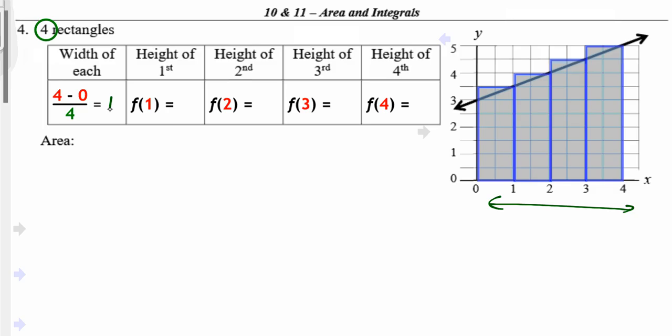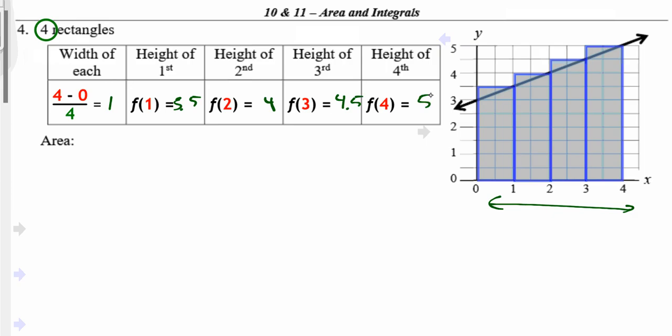We can see it easily enough, but again, we want to get to a point where we don't have to see the graph. We just know what's happening. So I get the width, and then the height of the first one is going to be 3.5, f of 2 is going to be 4, f of 3 is going to be 4.5, and f of 4 will be 5.